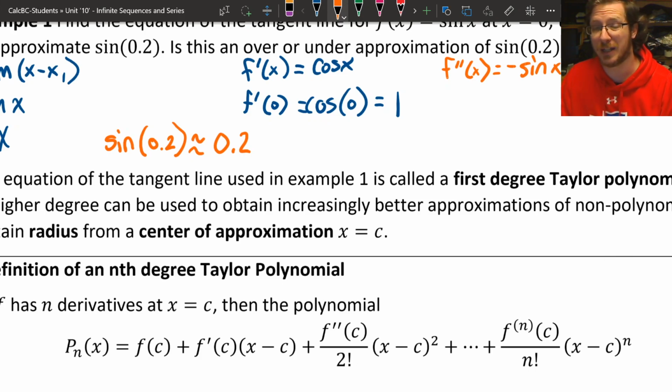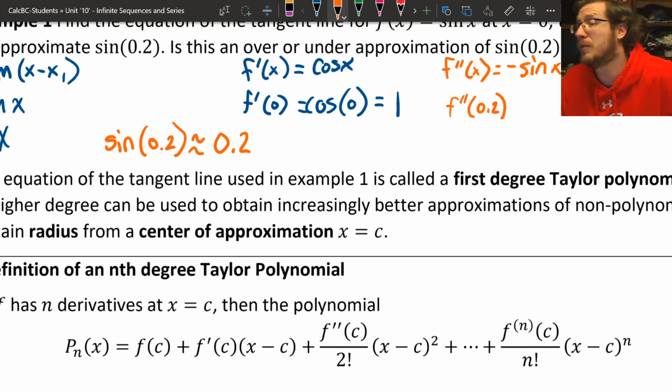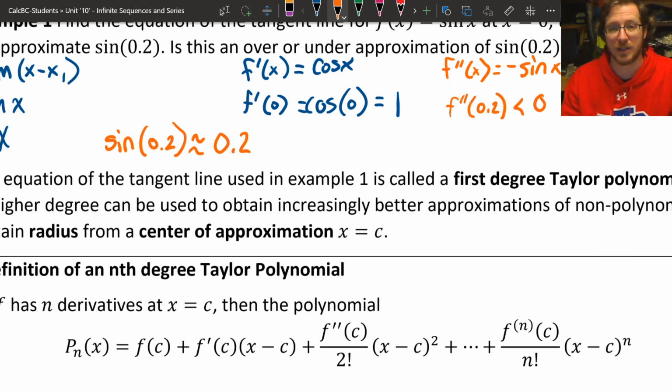And then if we look at it at that point, 0.2, I don't know exactly what it's going to be, but sine of 0.2 is going to be positive, so the opposite of that is going to be negative. If it's less than 0, that means it's going to be concave down. If it's concave down, then our linear approximation is going to be an over approximation.